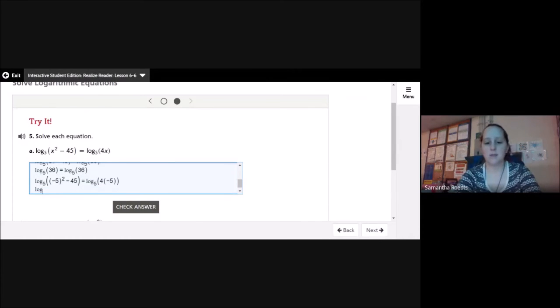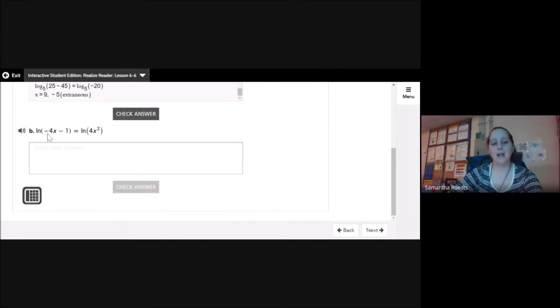Okay, so this gives me 25 minus 45 equals log base 5 of negative 20. I can tell right now I have negative 20. I can't evaluate a negative log. It just doesn't work. So that negative 5 is going to be an extraneous solution. So x equals 9, and negative 5 is extraneous.